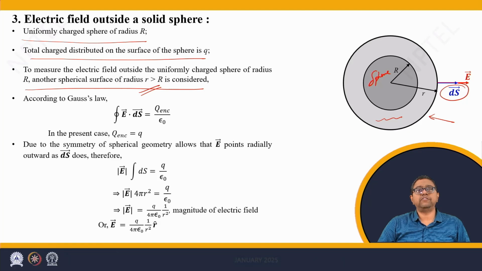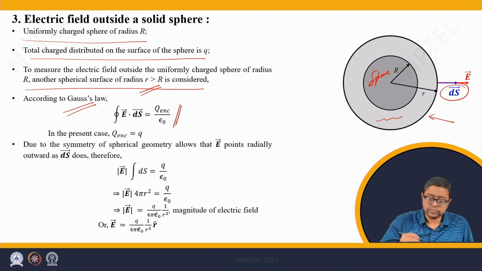We also have the electric field along this ds vector. Now, Gauss' law states that electric field dotted with ds and integrated over the entire surface area is equal to the enclosed charge by epsilon naught. In this case, the enclosed charge equals Q.